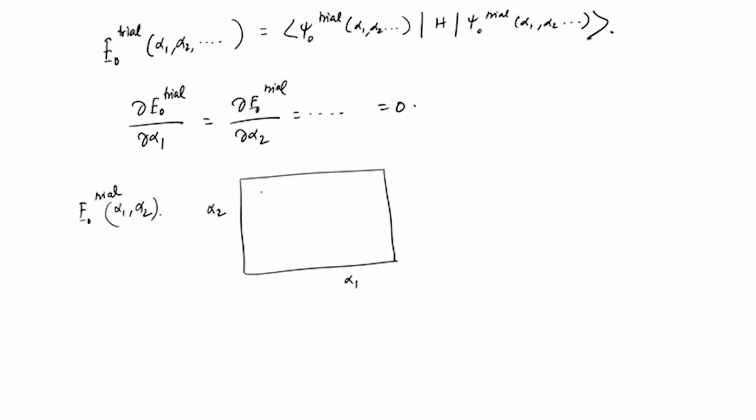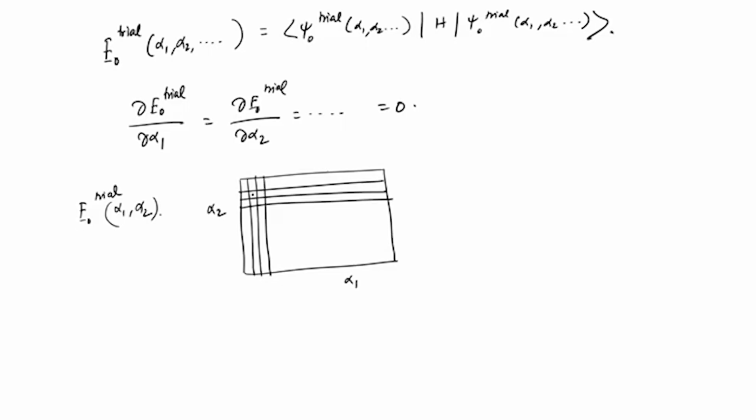Okay. That is a very difficult task, because then you have to make grids here, and calculate the E0 trial values at each point, either at the corner of the grid or at the center of the grid, and so on, and see where this energy is minimum.